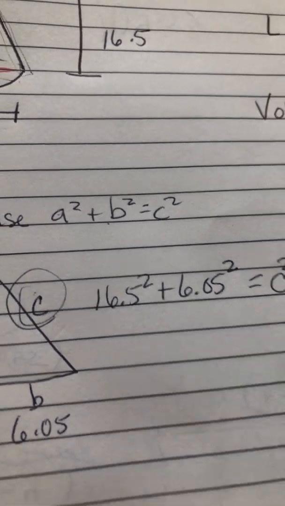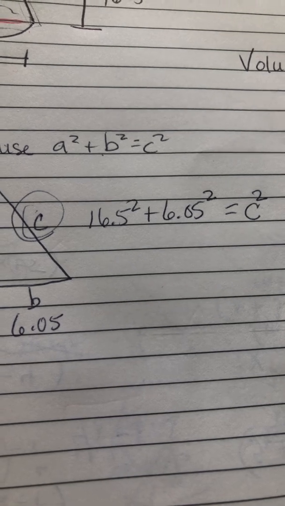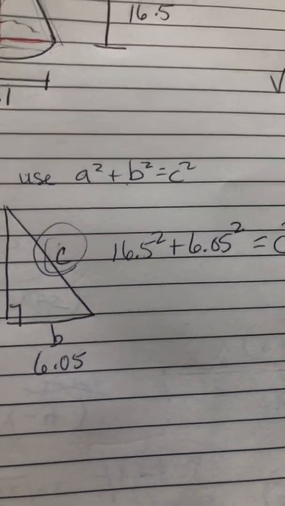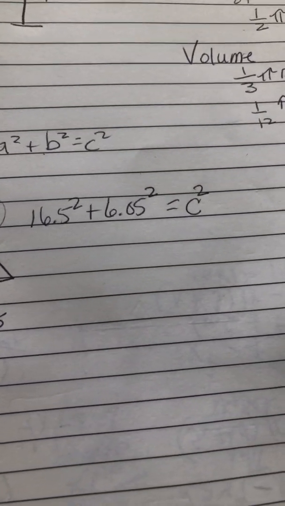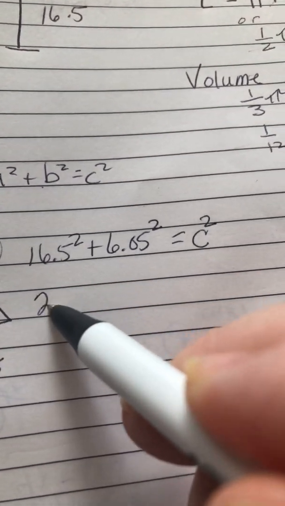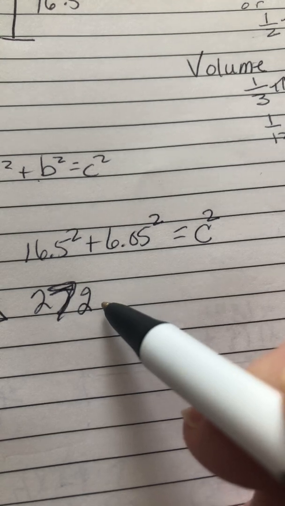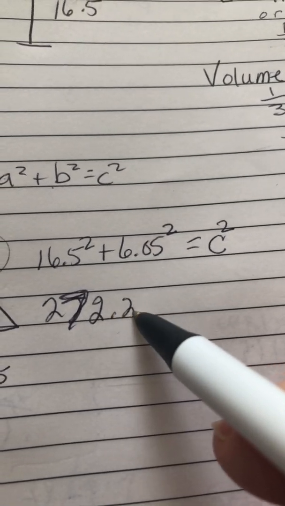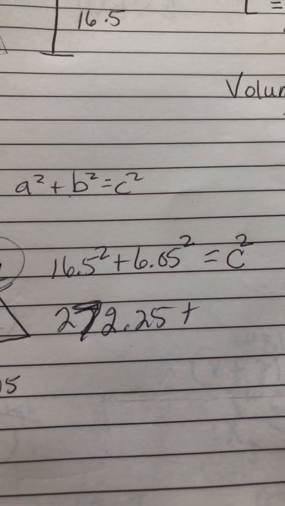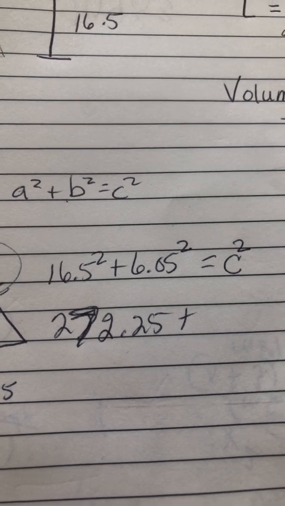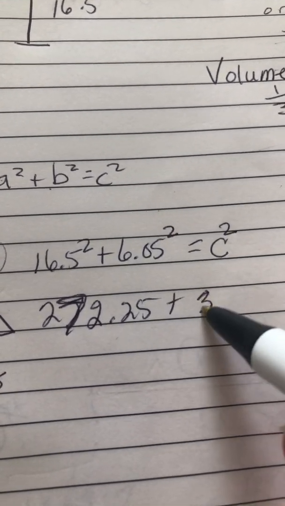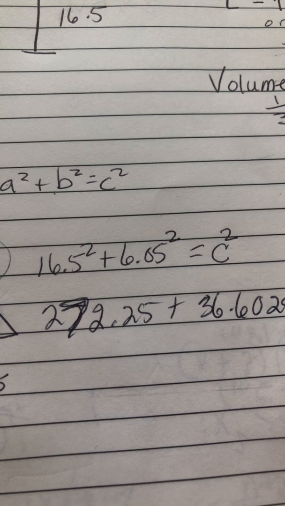You can put it all on your calculator at one time, or you can do it step by step using the order of operations. So this is 272.25 plus 36.6025.